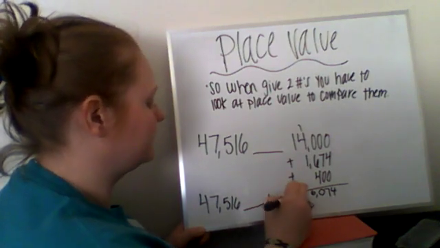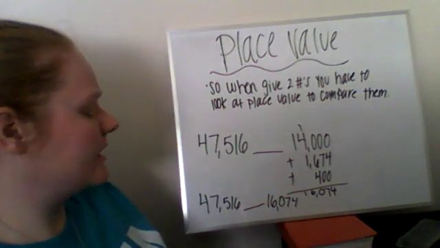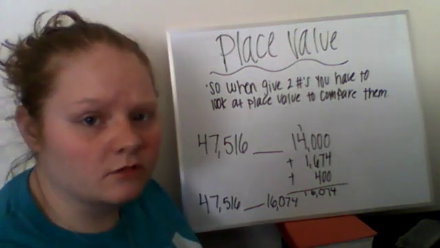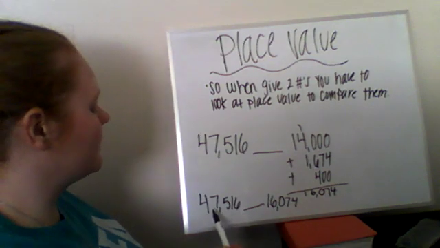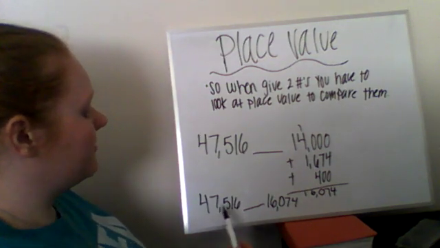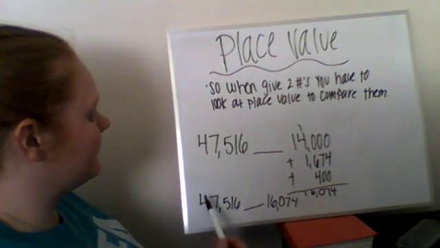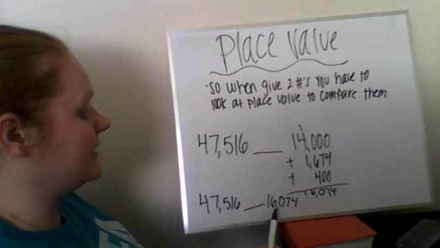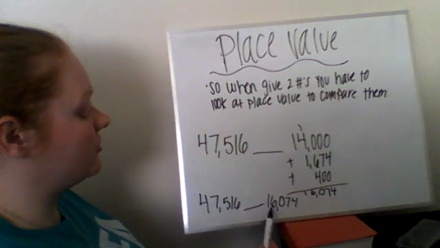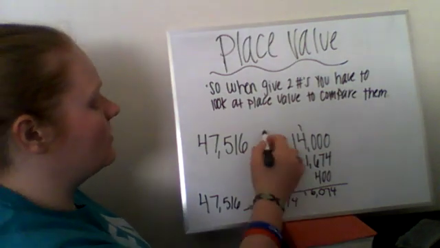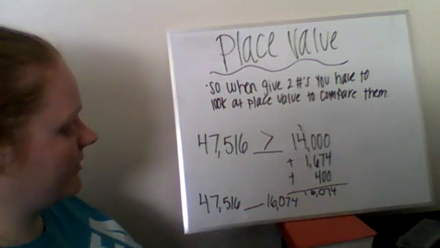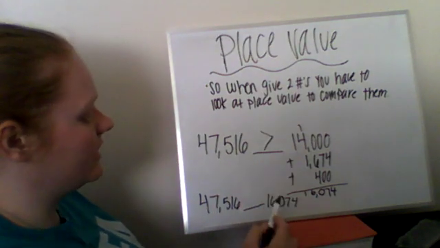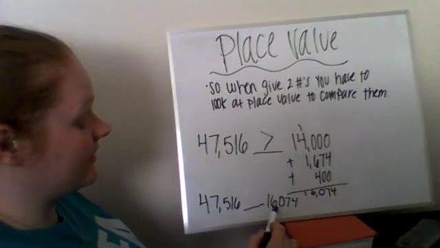16,074. When I look at these numbers, automatically you can already tell which number is bigger. Obviously, the 47,000 number is bigger because in my thousands place value, I have 47,000. And over here, I only have 16,000. 47 is greater than 16, so my answer is going to be this way: 47,516 is greater than 16,074.